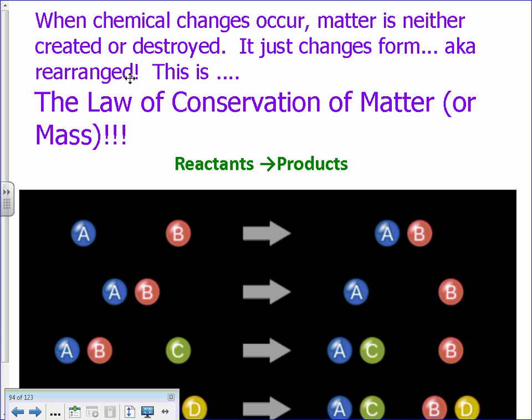Out of everything we're going to talk about briefly with the law of conservation of mass, this first statement is really the most important conceptual part of it. So read it and write down what you need to. And I'll go through some examples with you in a second.